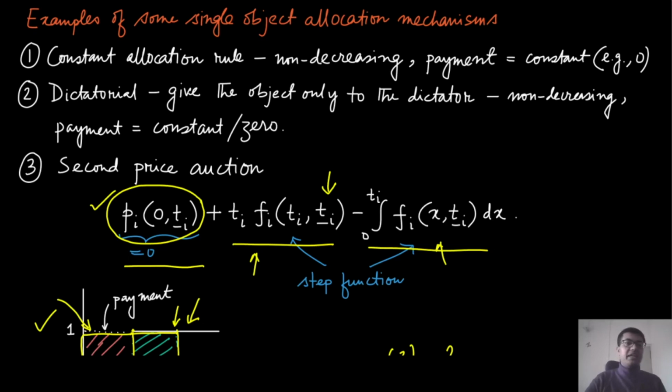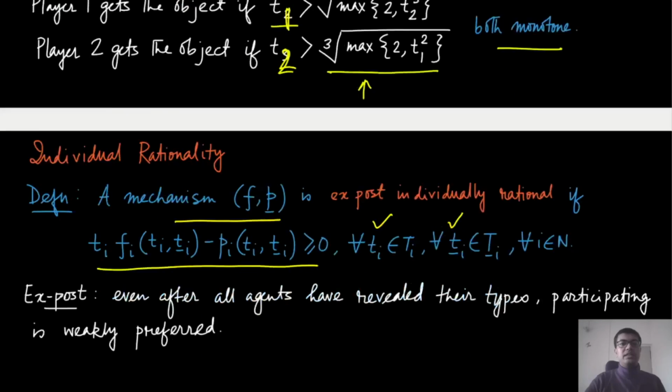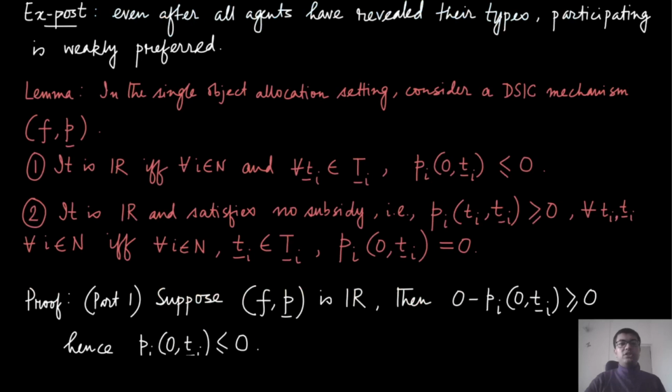But whenever we impose individual rationality, the following lemma will show that it has a very specific structure. It says that if this mechanism f comma p is DSIC, then it is going to be individually rational if and only if, for all the players and for all the types of the other players, pi 0 of t minus i is at most 0. So it cannot be positive.